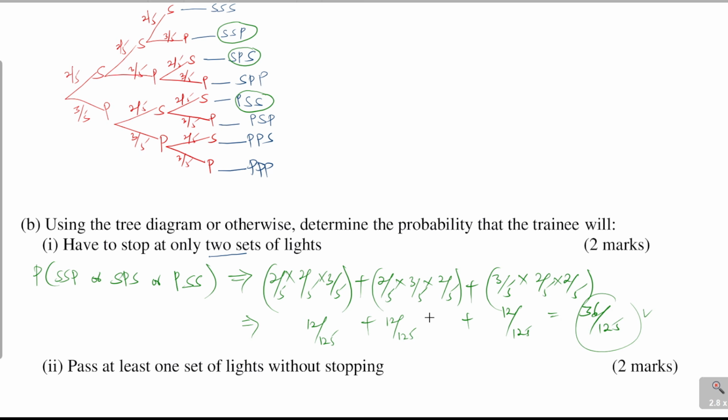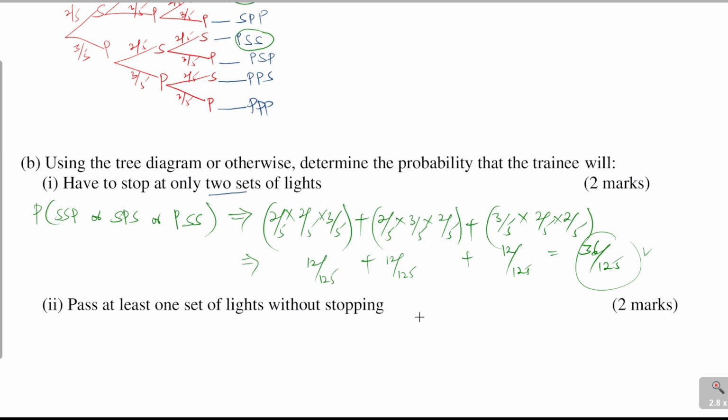Part 2, pass at least one set of lights without stopping. Pass at least one. So you have to understand these. At least one, pass without stopping.